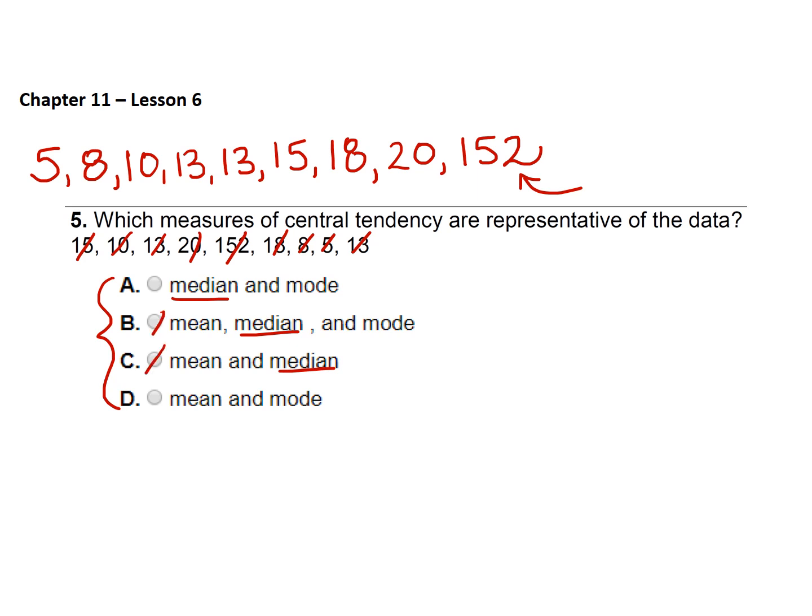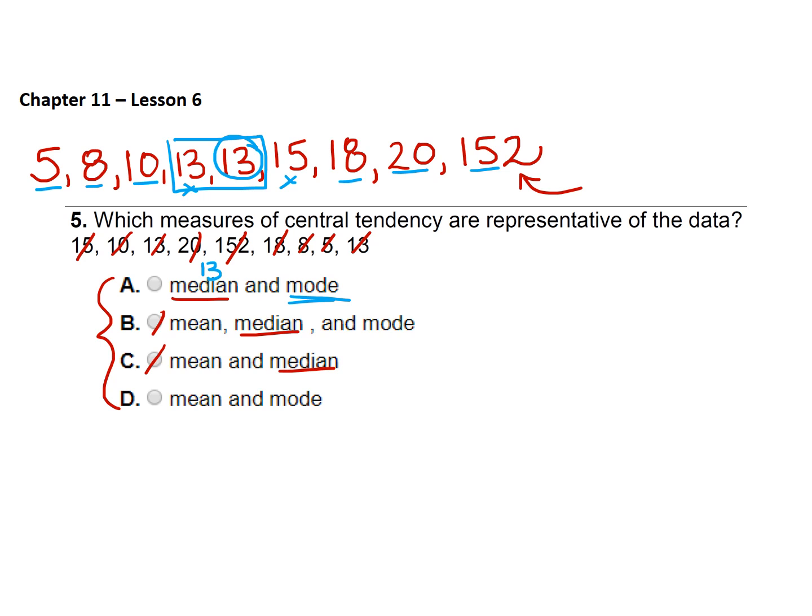So let's figure out what the median is. Left, left, left, right, right, right, left, right. I had a feeling it was going to be 13 because the median is 13, and guess what the mode is? The mode is also 13.